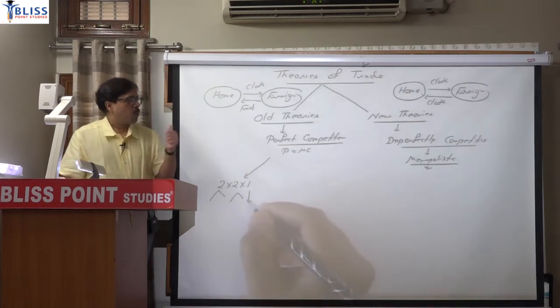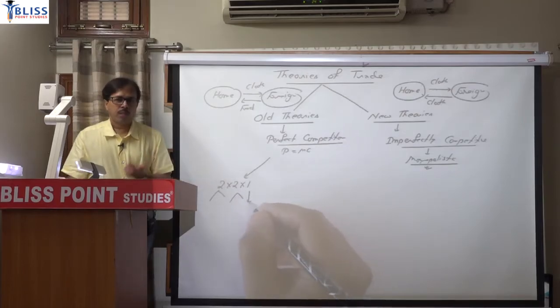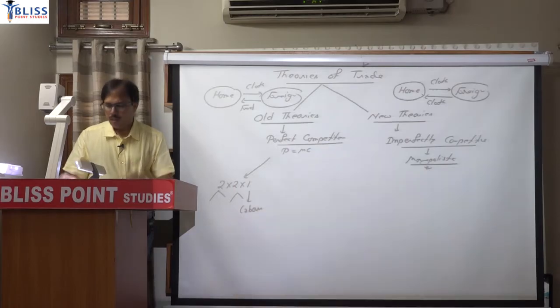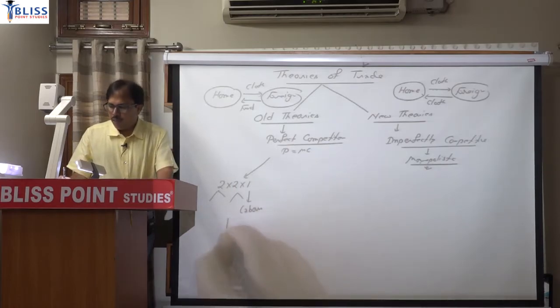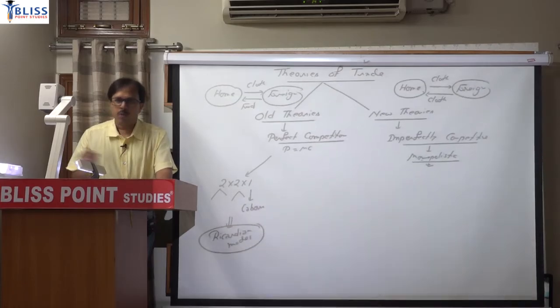Labor will be the only factor of production in a Ricardian model. So mainly the first model will be the Ricardian model.